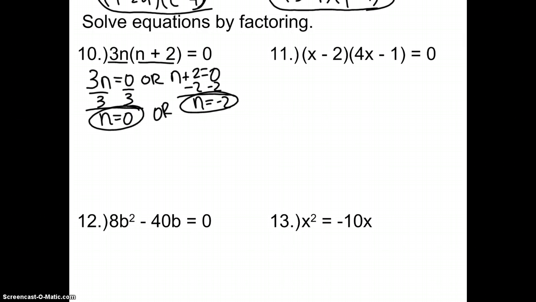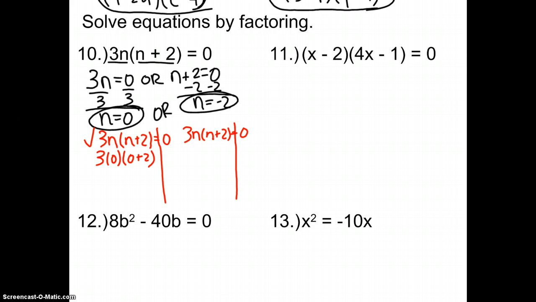And now we can check these by plugging in both of our solutions into our original 3n times n plus 2 and making sure that it's equal to 0. So if we start with our first solution of 0, we have 3 times 0, times 0 plus 2. 0 times 2 would give us 0, so the solution holds up.